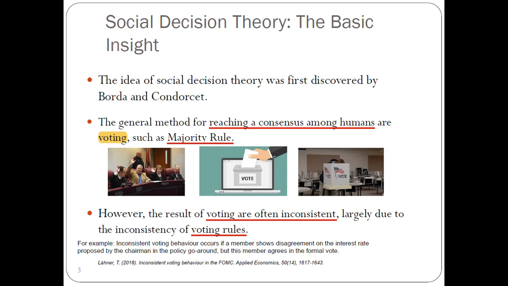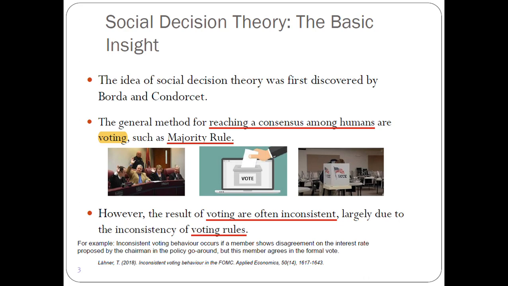Ataupun tengok negara kita pun kalau nak memilih pemimpin sekalipun kena adakan undi, bubar parlimen apa semua tu memerlukan undian, kan, balik mengundi apa semua. Okay, however, the result of voting are often inconsistent, largely due to the inconsistency of voting rules.